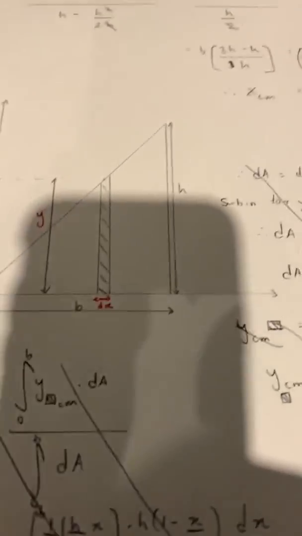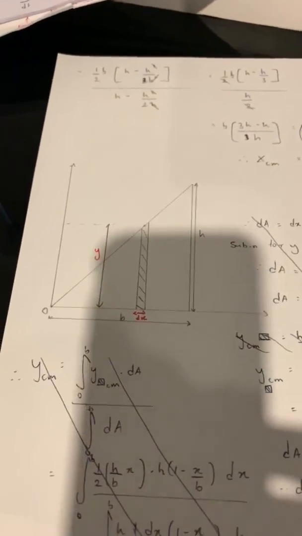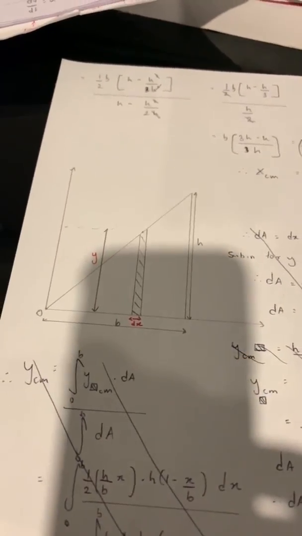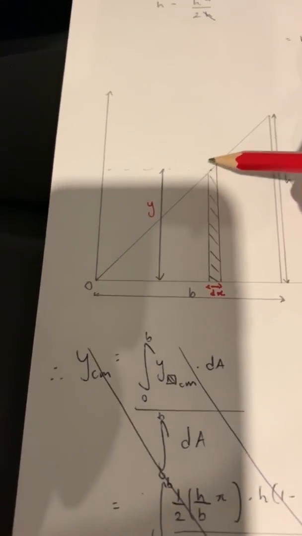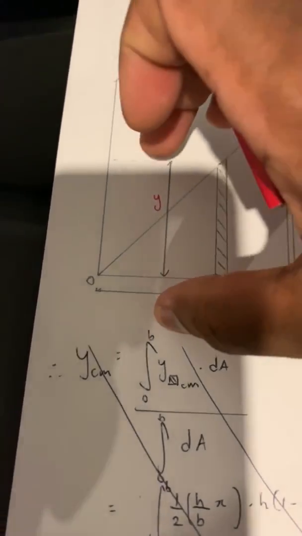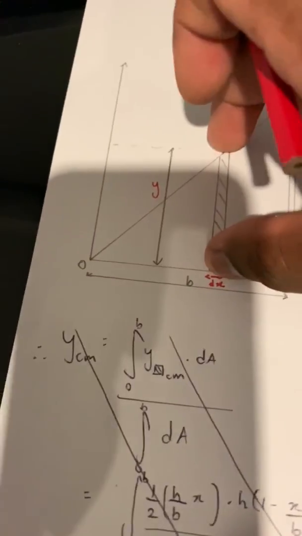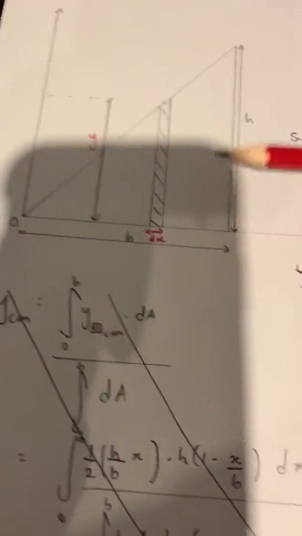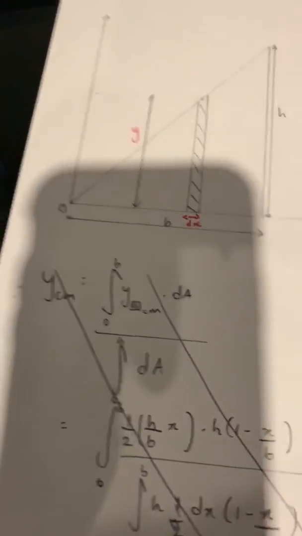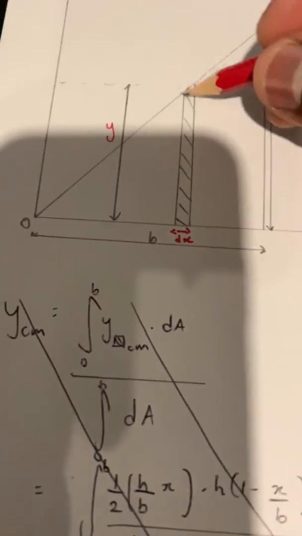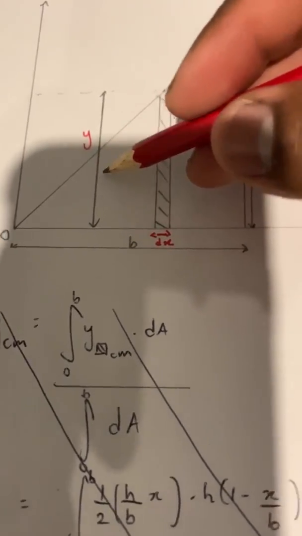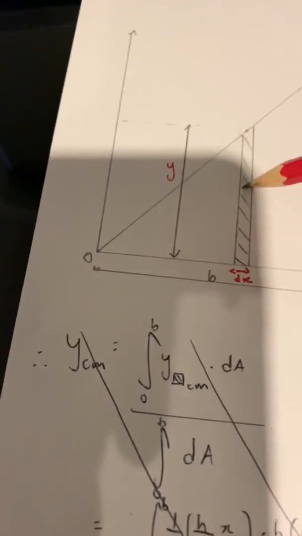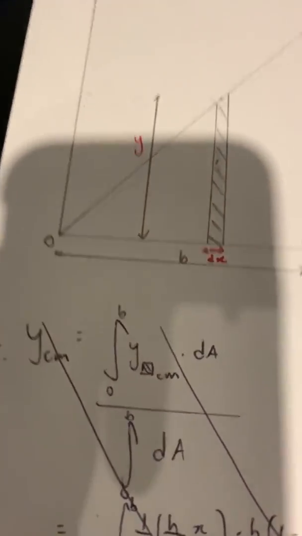I said the height is y and the width is dx. So the y center of mass of this shaded area is somewhere around there. So you can say it's this height divided by 2, y on 2.